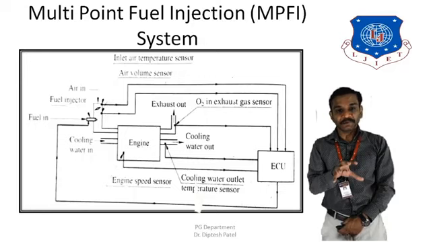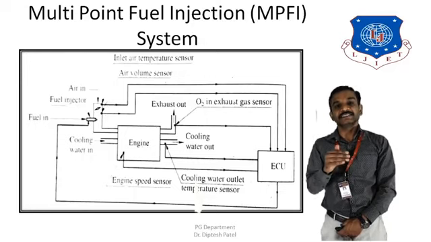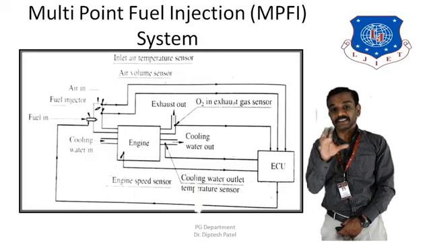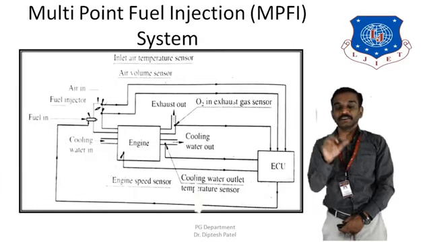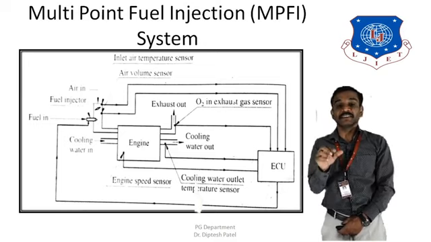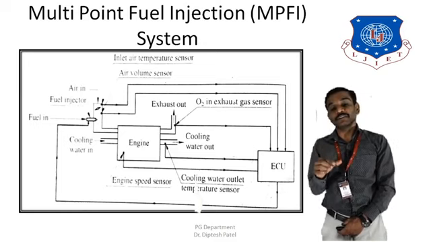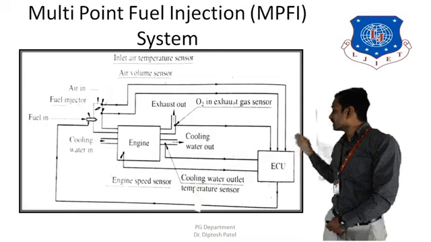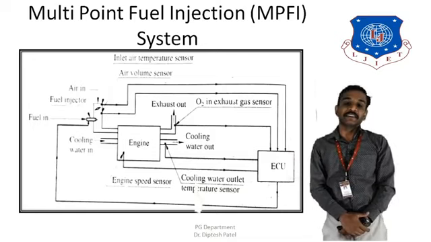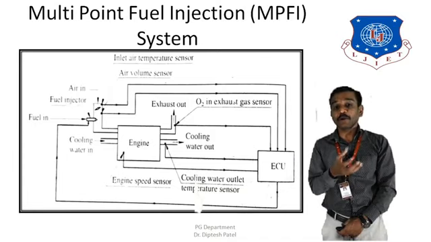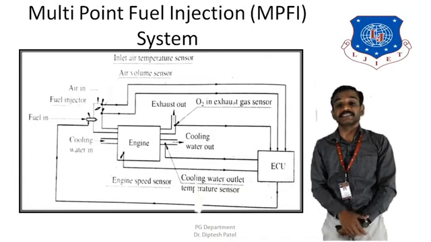They are kept in the engine: the inlet air temperature sensor and air volume sensor are kept in the inlet manifold. Then the engine speed sensor is kept at the camshaft. Then the cooling water temperature sensor remains at the outlet of the water jacket, and the oxygen sensor for the amount of oxygen in the exhaust gas is kept at the exhaust manifold.